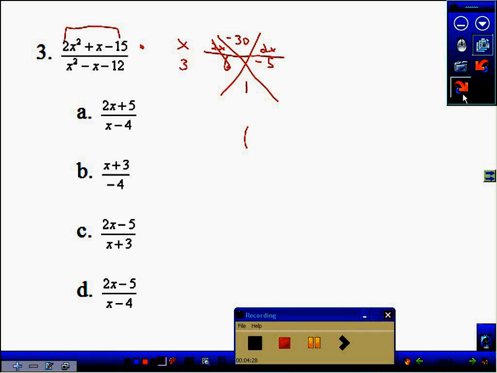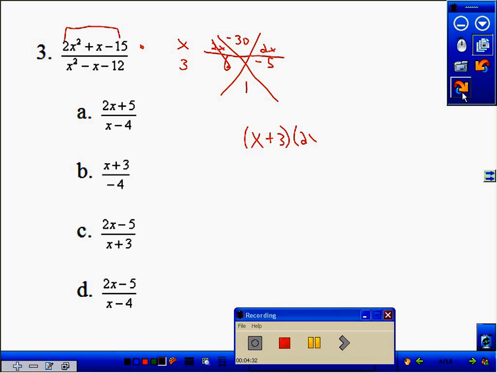Then we put the 2x over that. We reduce the 2x over 6. That becomes x over 3. And 2x minus 5 stays the same. So our two factors then are x plus 3 and 2x minus 5.